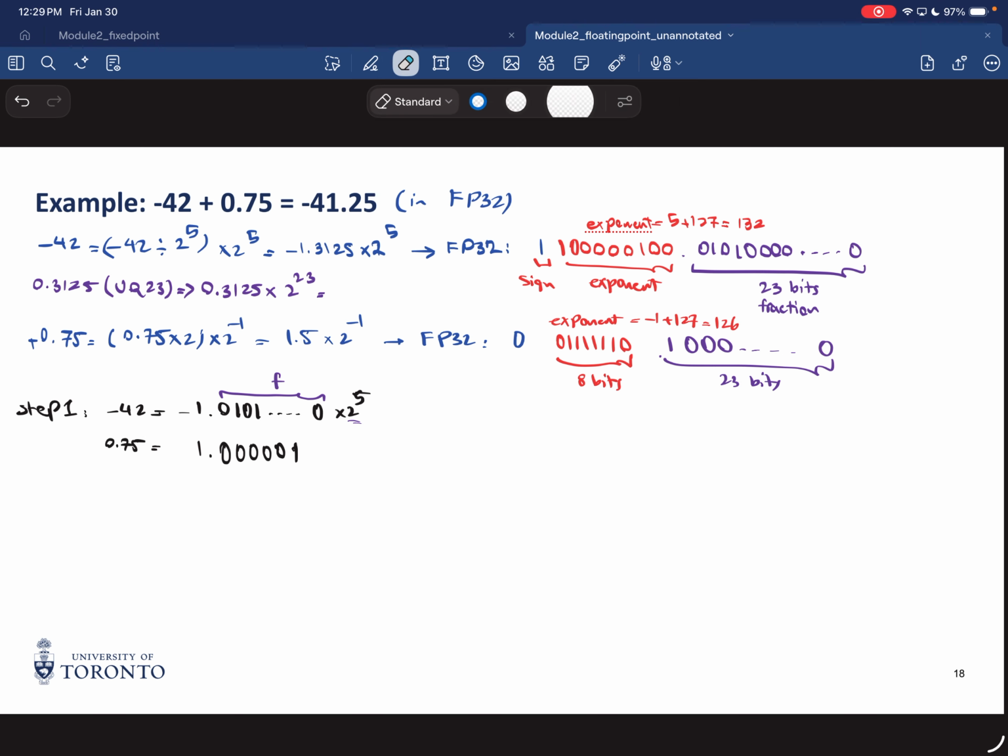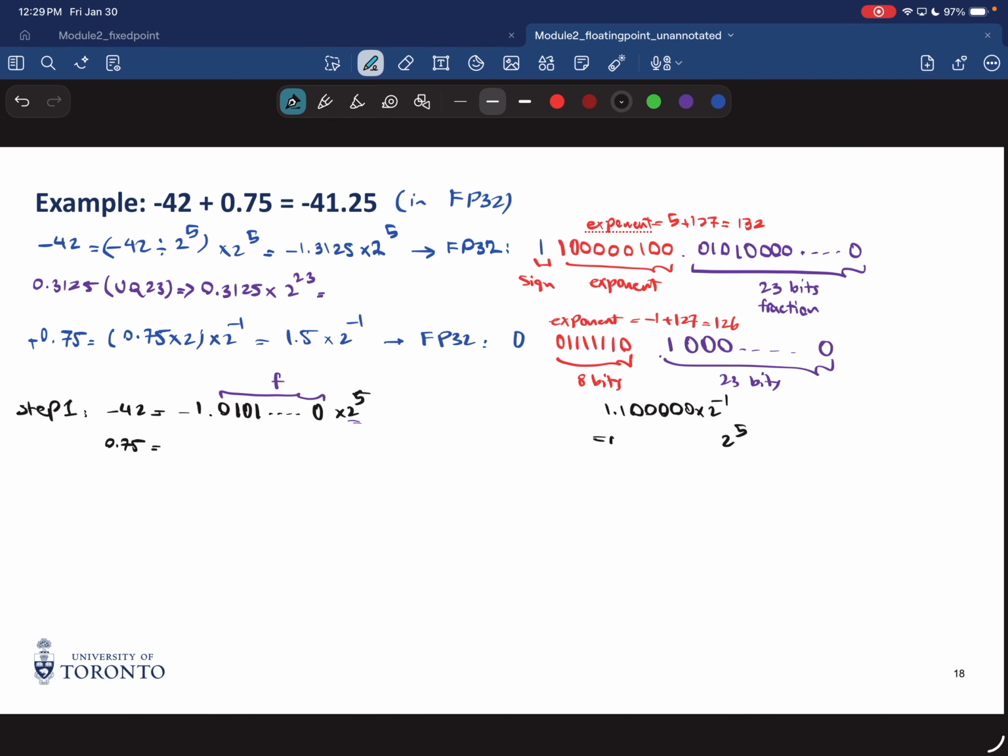Oh, sorry, I made a mistake. So this is 1.100000, 2 to the power of minus 1. If I want to bring it to 2 to the power of 5, I shift everything 5 points, or 6 points.